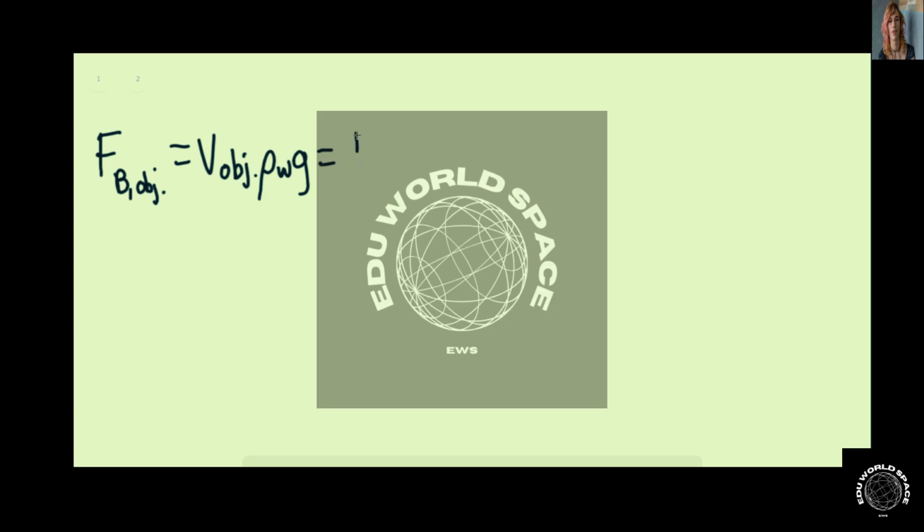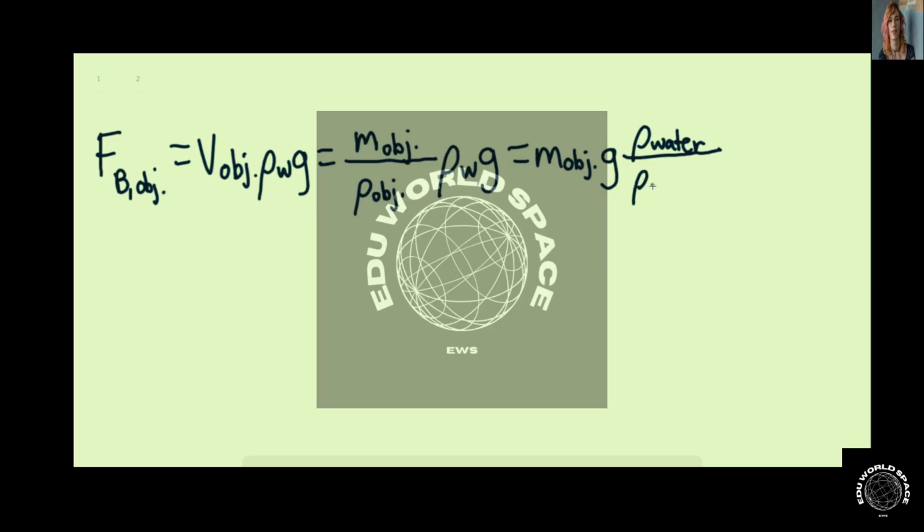This would be equaling the mass of the object divided by the density of the object multiplied by the density of water times g. This would be equaling the mass of the object times g multiplied by the density of water divided by the density of the object. And according to the definition of specific gravity, this would equal the weight of the object divided by the specific gravity of the object.